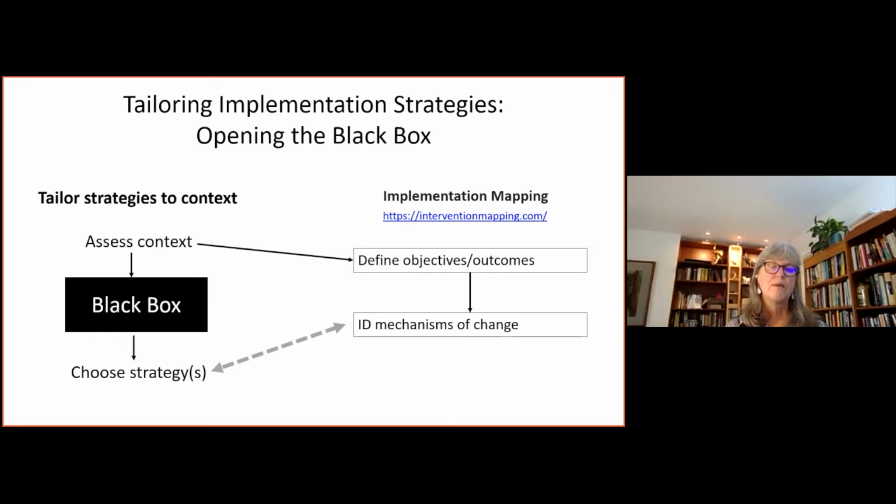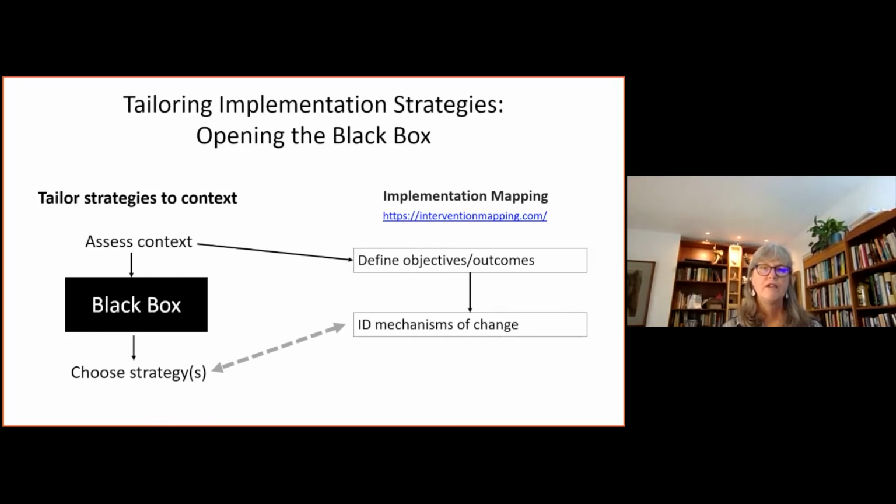But basically, we need to understand with each individual barrier what the objectives or the outcomes are that we're trying to achieve. So for example, if networks and communications is really low and poor, what is it that we can do? What is it that we want our strategy to do?